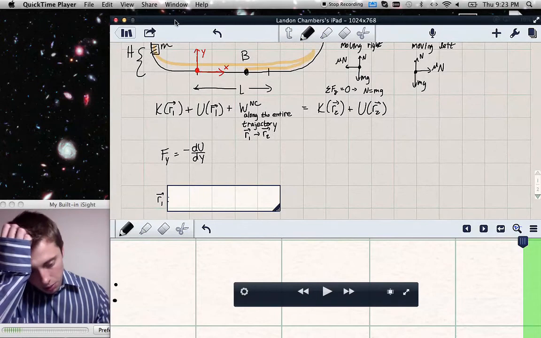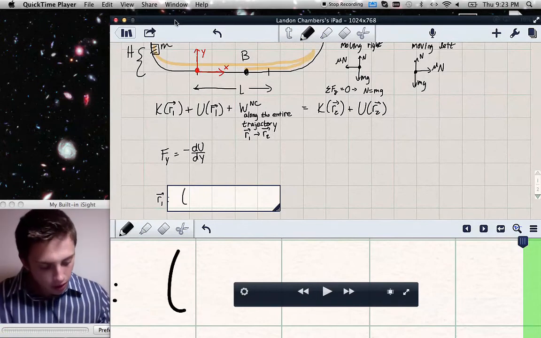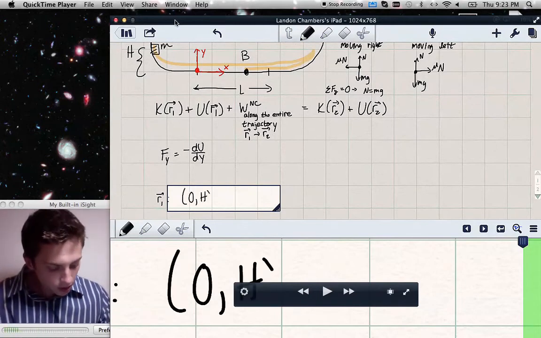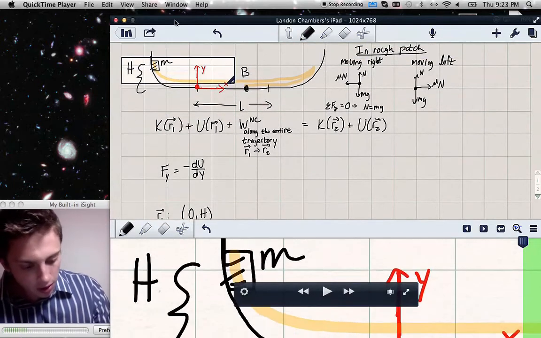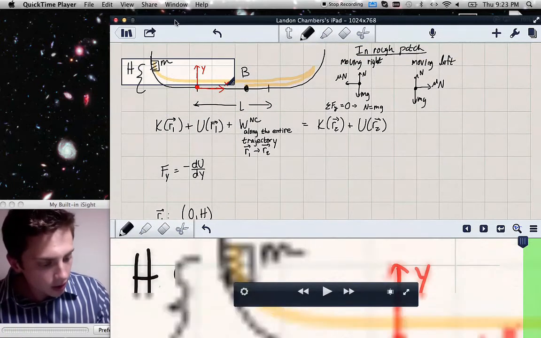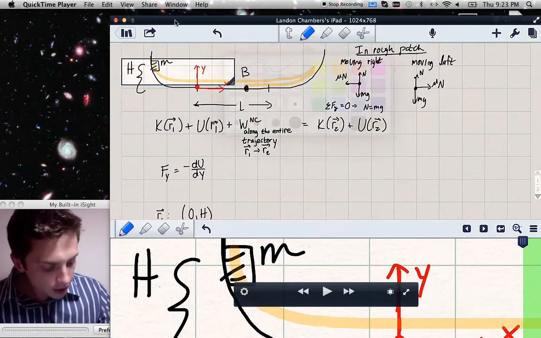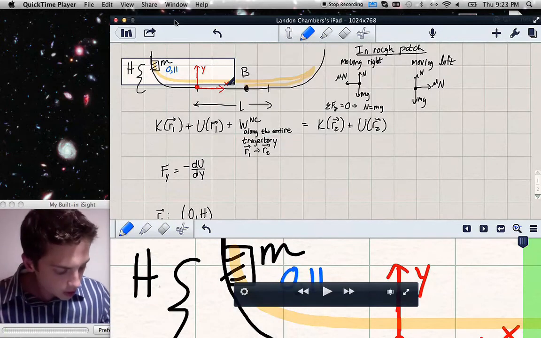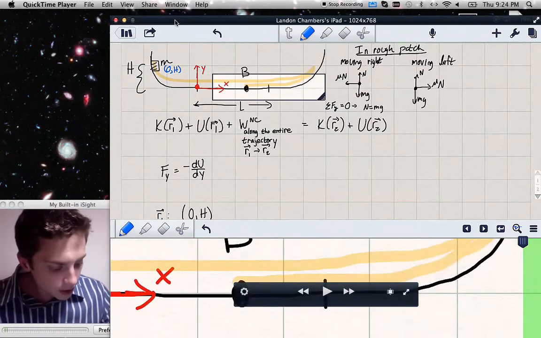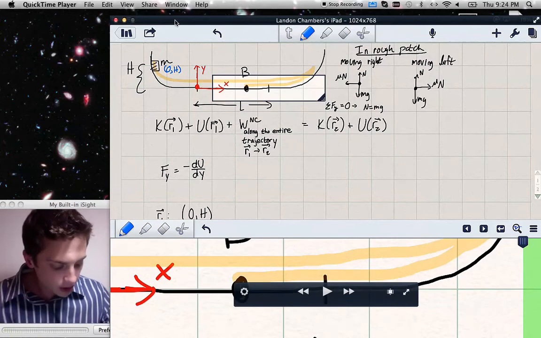R1 is going to point to the point 0h, which is where it starts. So this is 0h here, right? Let's go ahead and indicate that. 0h. And we are ending at this point here, which is B0.